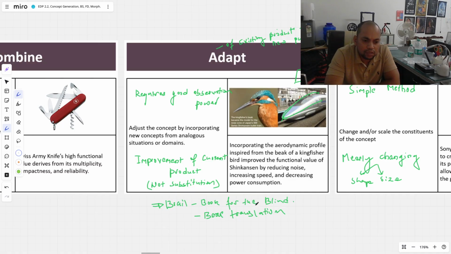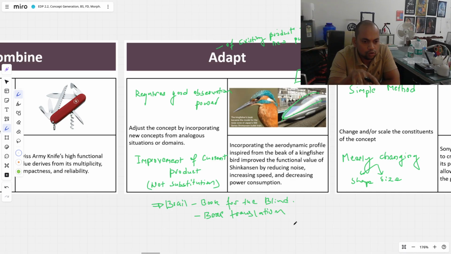One more example of adaptation is book translation. Literally you can see in books that other authors write, this is adapted from so and so book to a new system of units, or for a different audience, maybe simplifying the already existing book for the new user.